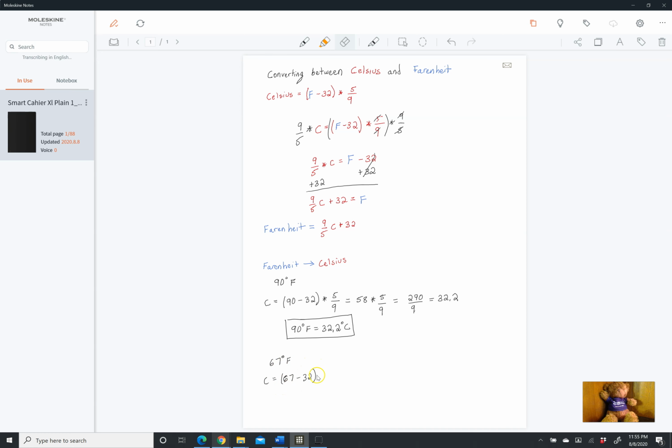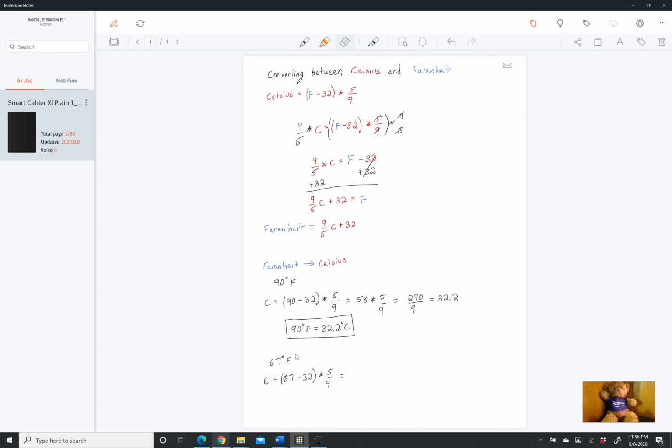Because we're in the process of solving, notice I haven't put in units. You can do that as long as you're really sure to put in your units at the end, right? And this is why it's so important, because if we just put 90, we wouldn't know whether we were talking about Fahrenheit or Celsius. So make sure that if you leave out your units in your work, you put it in at the end. So 67 minus 32 times 5 over 9.